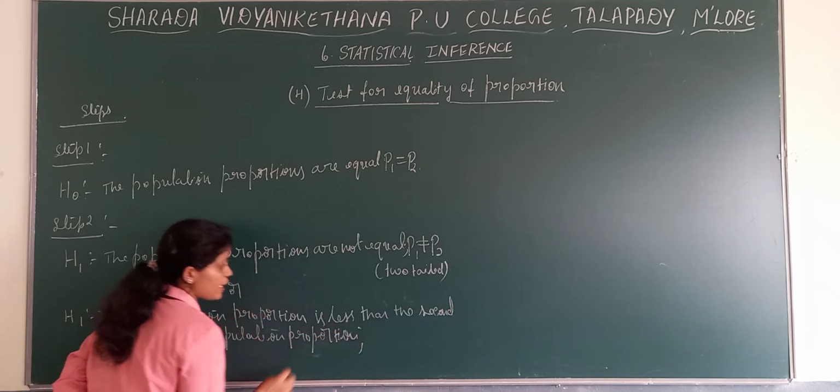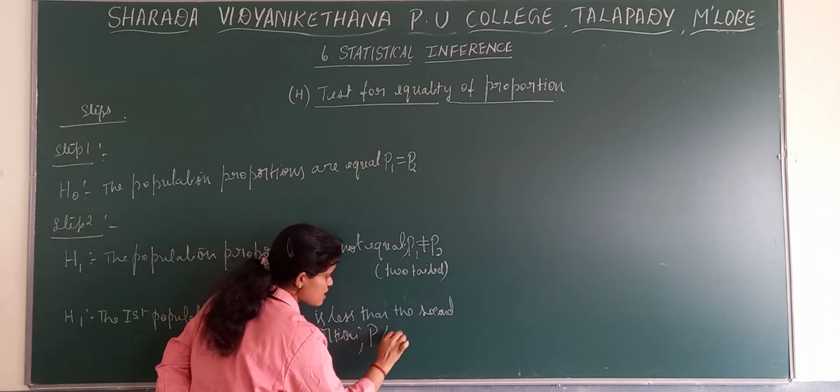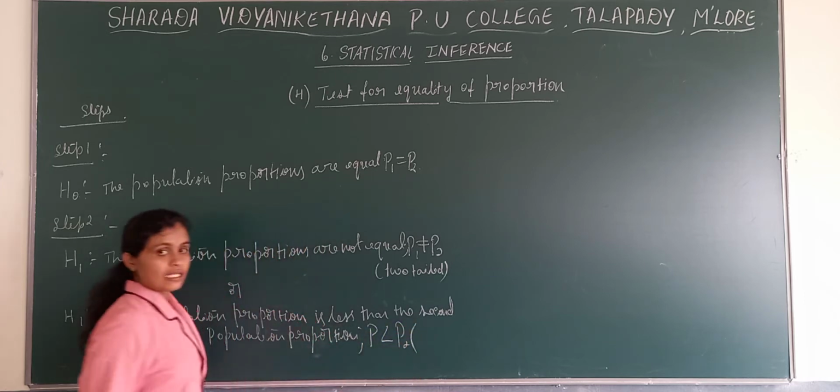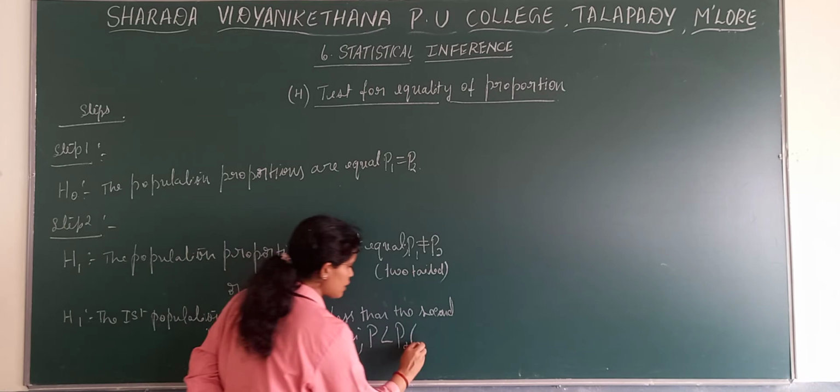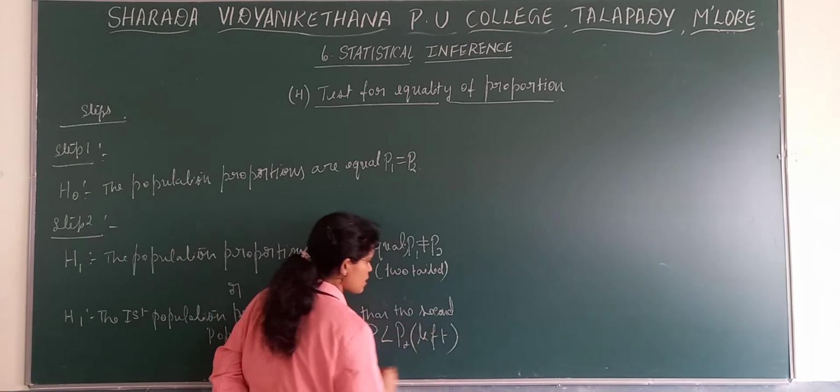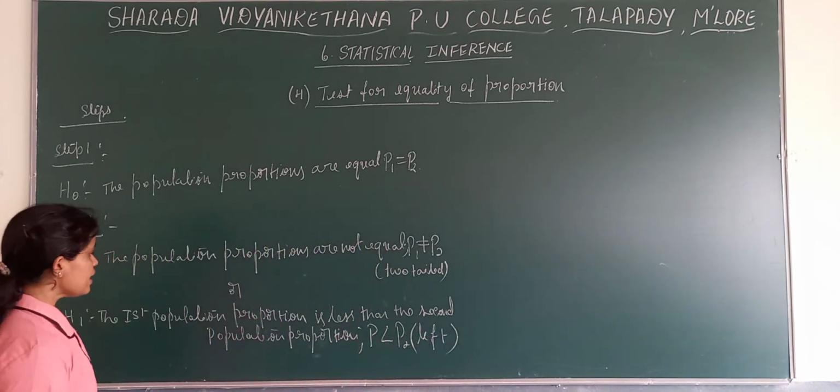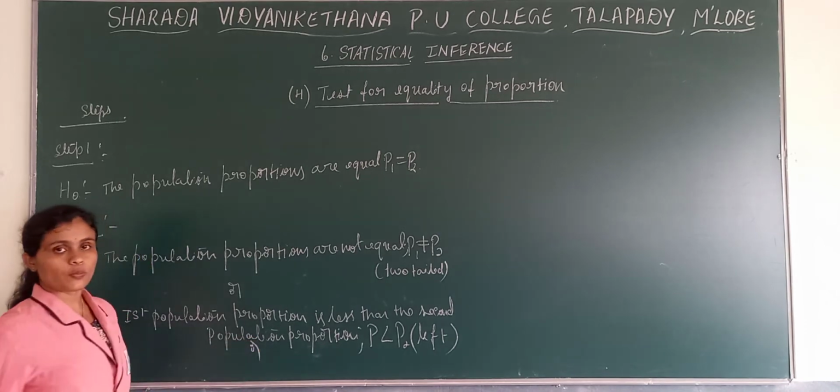Then we need to take P1 is lesser than P2. That means it is left-tailed test. Then next one, or else one more possibility.